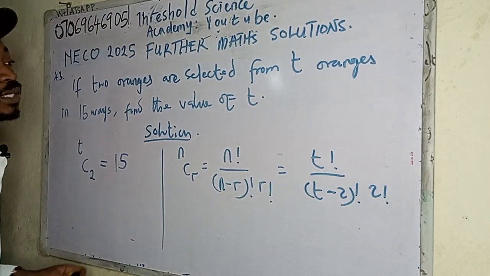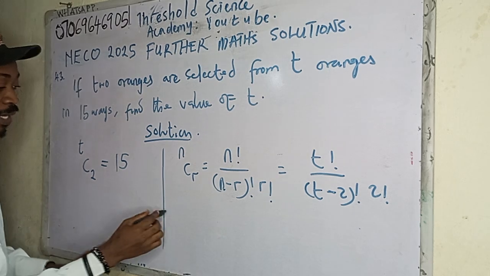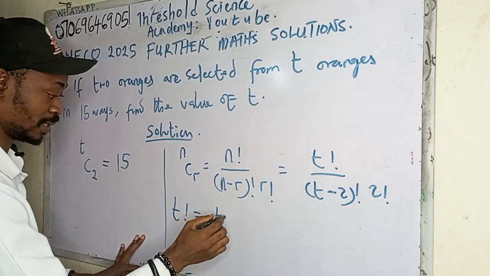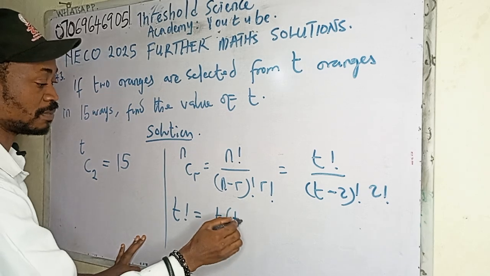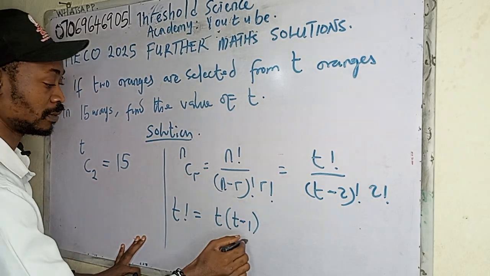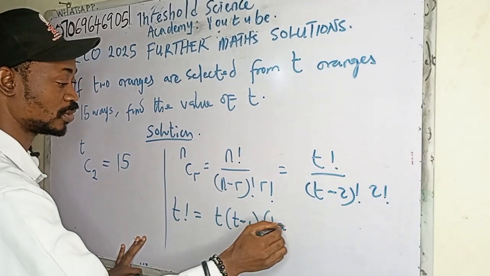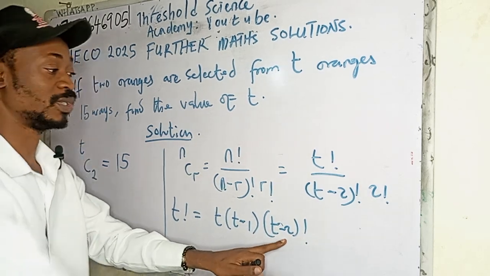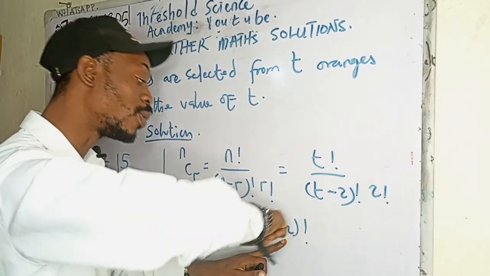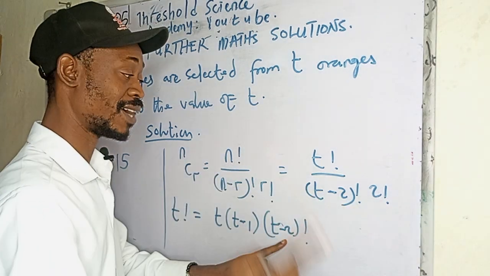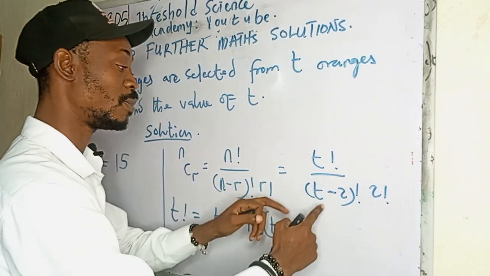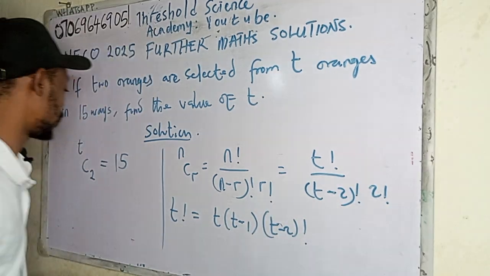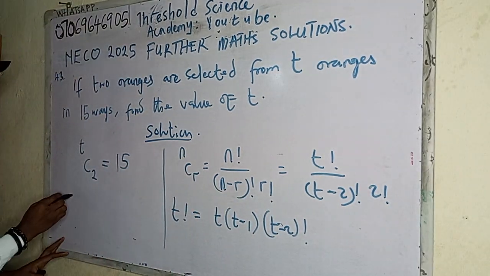So one thing we should know is that T factorial can be T multiplied by T minus 1 multiplied by T minus 2 factorial. We're going to end at T minus 2 because T minus 2 is already down here. We can go all the way to T minus 3, T minus 4, as far as we want. I'm going to be stopping at T minus 2 so that T minus 2 can cancel out T minus 2.